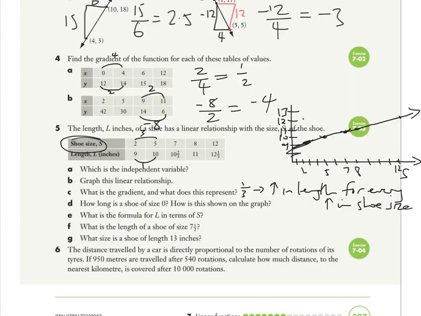Now how long is a shoe size of 0? So on our graph we will get 8 and 1/3.